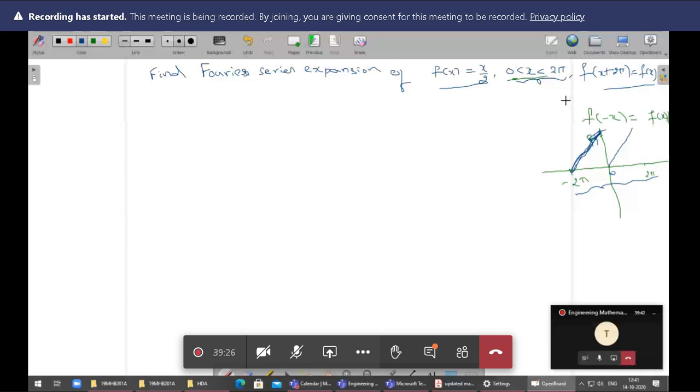I can extend it as even or odd, but that is a different part of the Fourier series analysis. But right now, as a given function, we cannot say it is even or odd. So don't do this calculation for a periodic function, please remember. This calculation will give you a continuous function as well as a periodic function, unless it is specified in the negative interval.